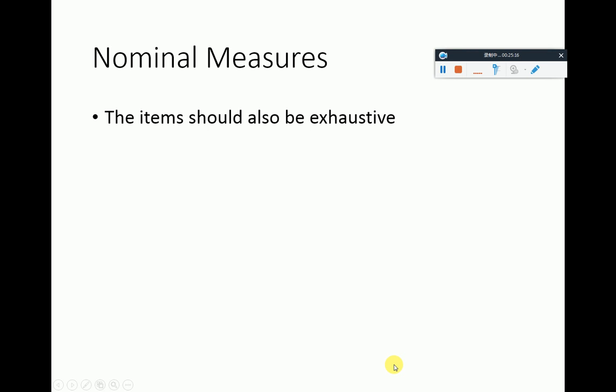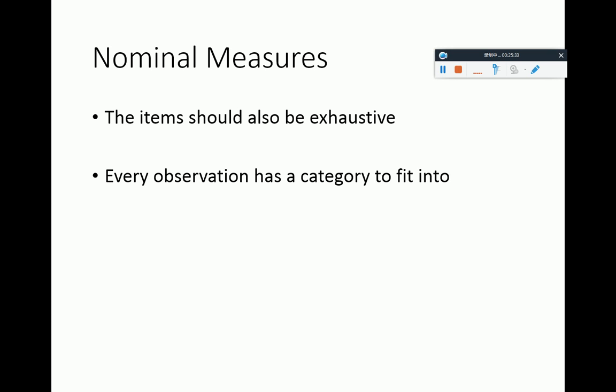The second criterion of a good nominal scale is that the items not only should be mutually exclusive, but should also be exhaustive. Being exhaustive means it should provide a category to all people, right? Everyone should be able to find a category for themselves.